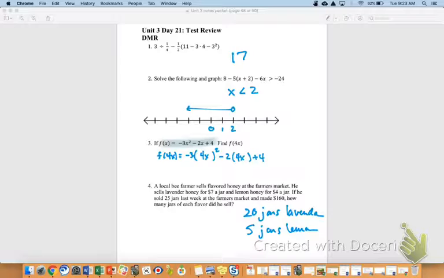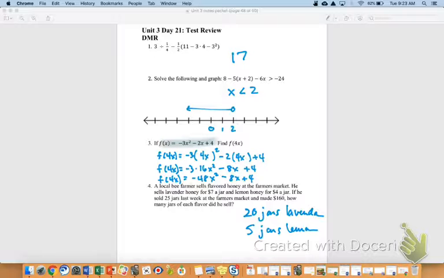So once I get to this point, I'm going to follow my order of operations to simplify, and I'll do my exponents first. So that would be negative 3 times 16x squared. That make sense? Mm-hmm. And then, of course, 2 times 4x is 8x, so it would be minus 8x plus 4. And then lastly, I would do that little multiplication there, so I'd get f of 4x equals negative 48x squared minus 8x plus 4.